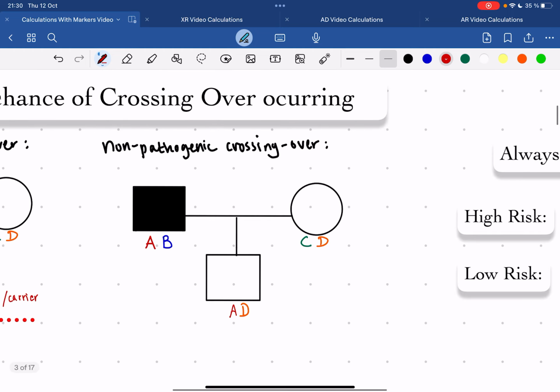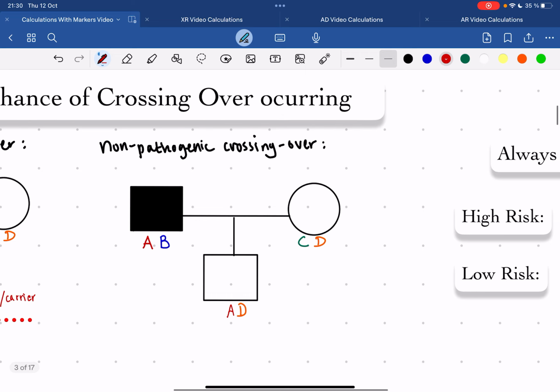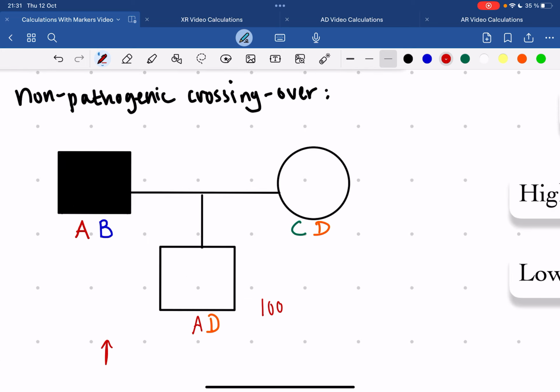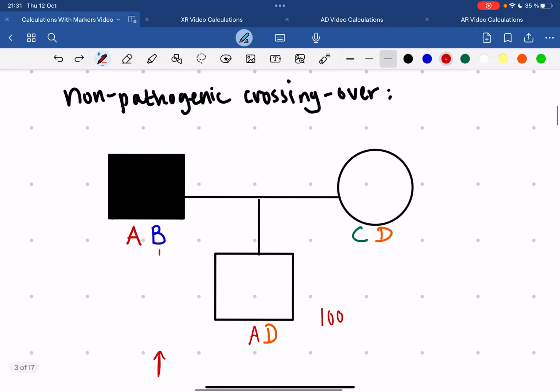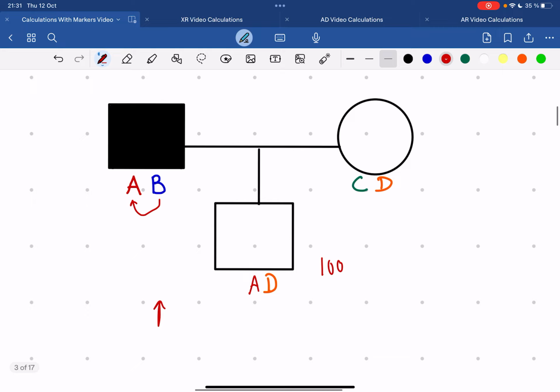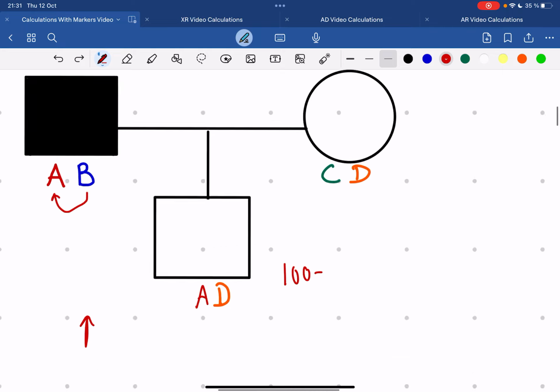While here, with a non-pathogenic crossing over, this would be our high chance that this person is affected because they are carrying the marker that marks for the pathogenic allele. But it wouldn't be 100% because there's still crossing over that could occur, which means that this B could have given its information to this A, meaning that there is a chance that this A is actually a B undercover.